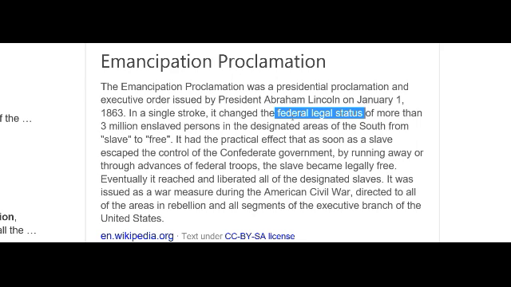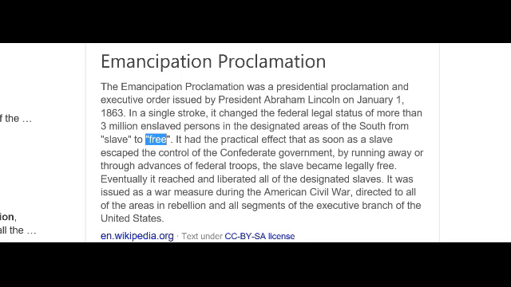What was the federal legal status change? Slave to free. So slave is one legal status and free is another legal status.